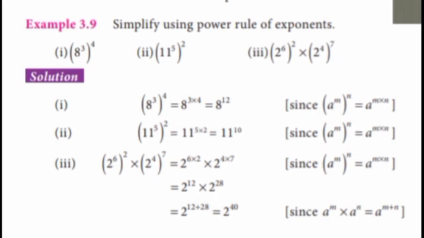Again, using the product rule, we can add the powers. We know already a power m into a power n equals a power m plus n. Using that rule, now you add the powers. 12 plus 28 equals 40. So, the answer is 2 power 40.